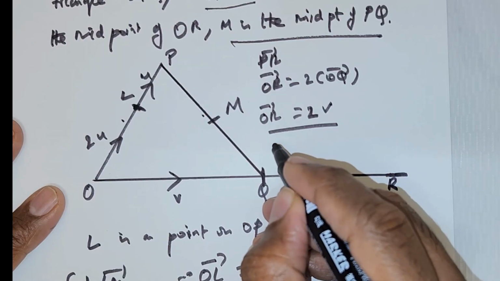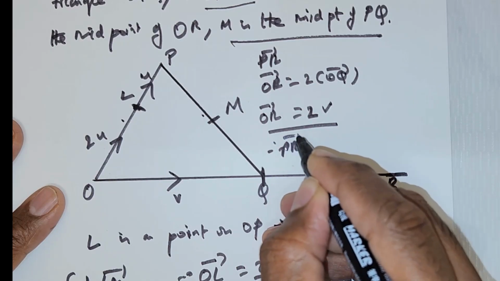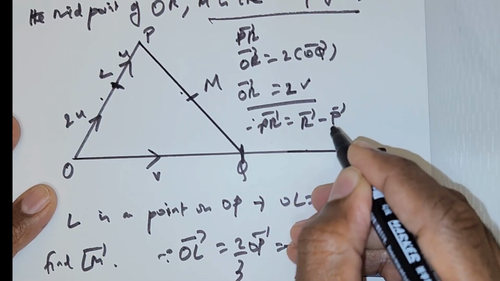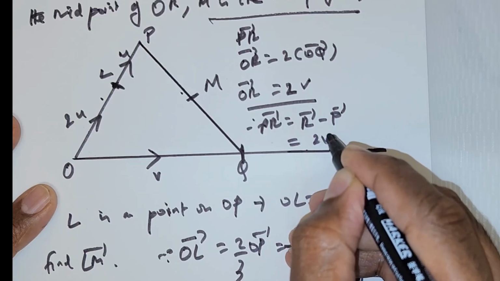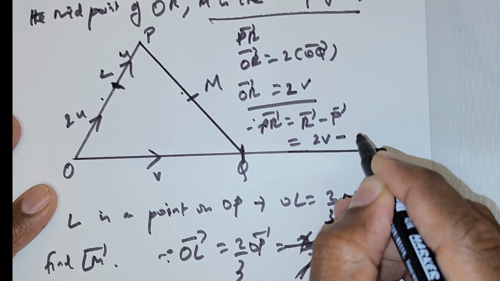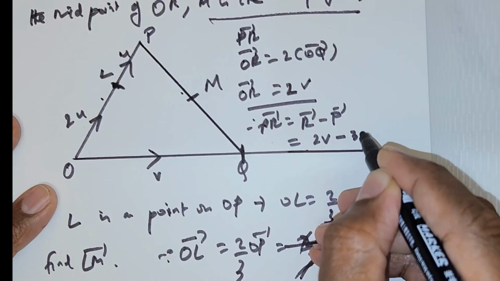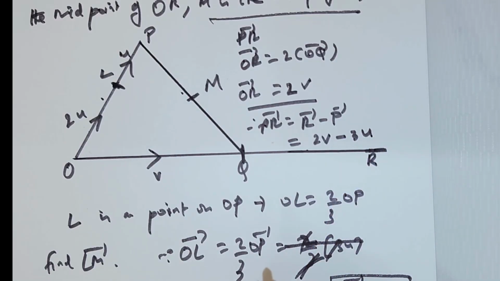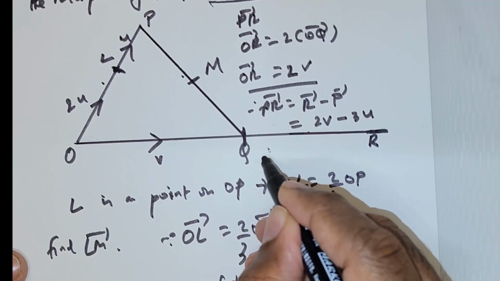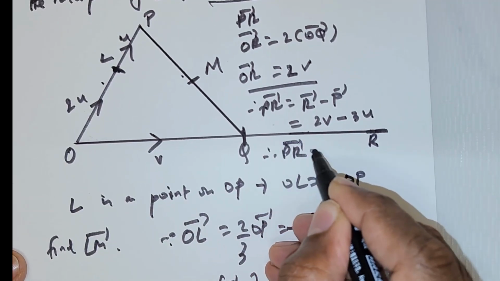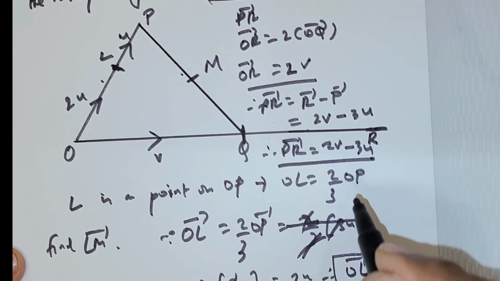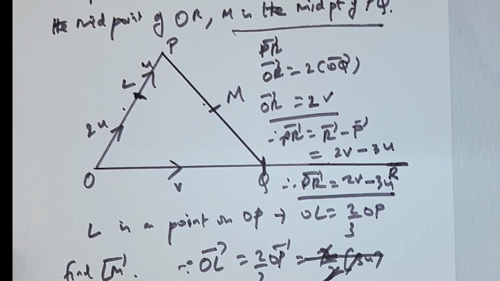So therefore PR vector is equal to R vector minus P vector. R vector is 2 times V, and P vector is 3 times of U. So this is what we have got, right? So therefore PR vector is 2 times V minus 3 times U. So that's the solution for that question.